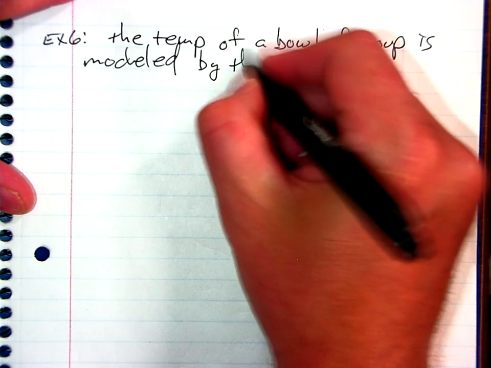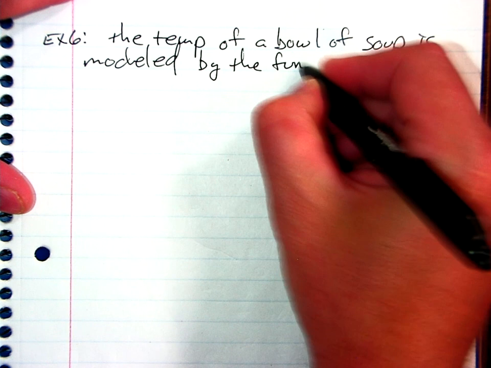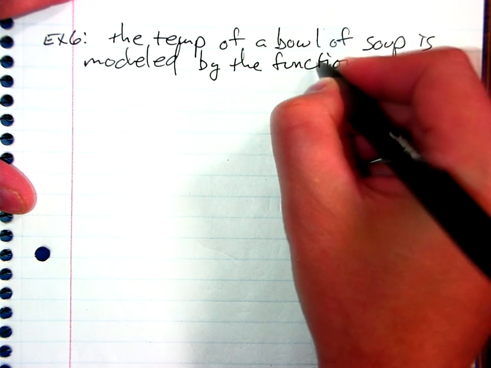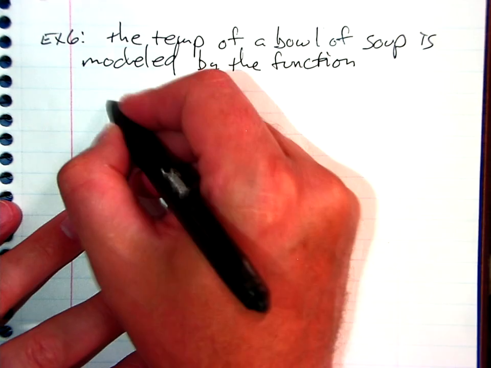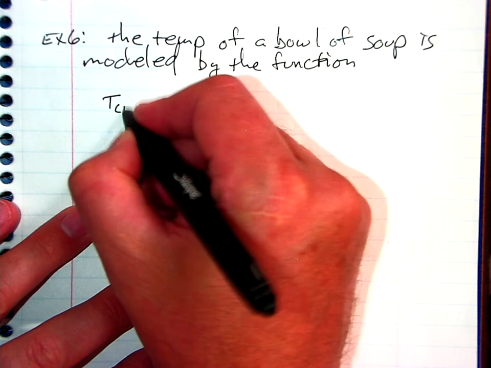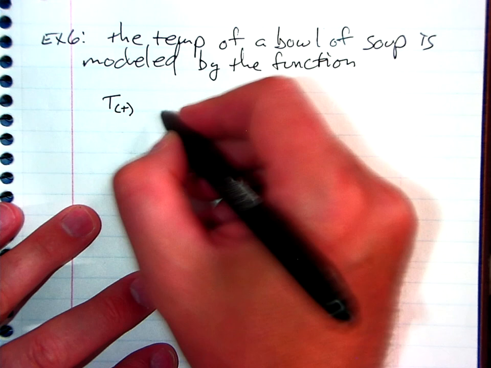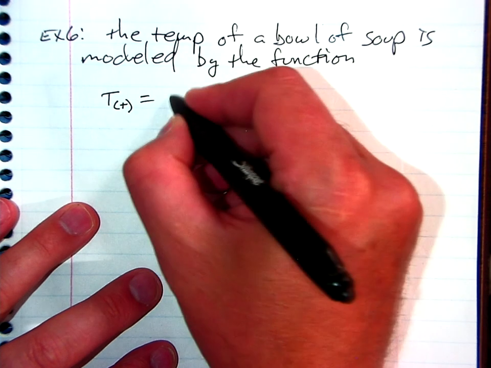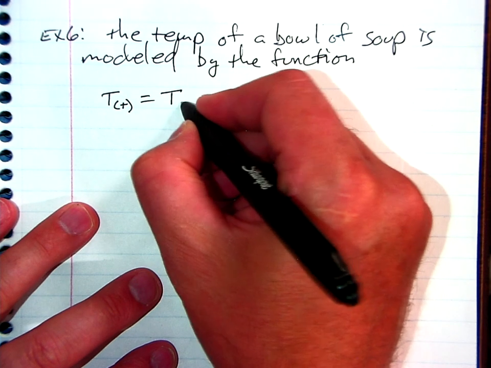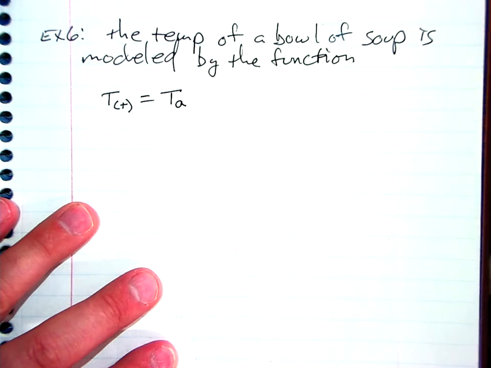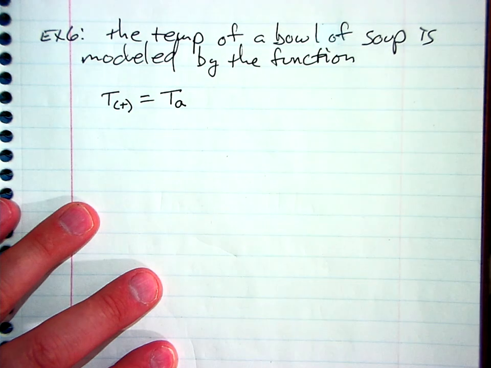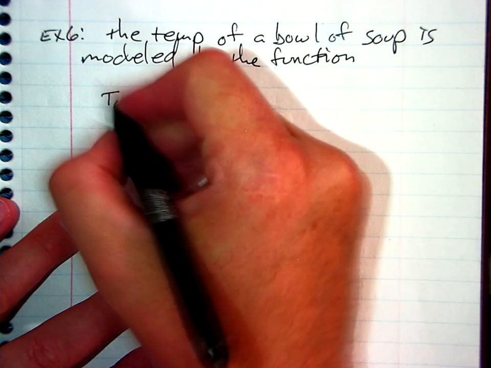By the function. Alright, this is temperature in terms of time. That's a capital T, lowercase t, and parentheses. Equals. I'll explain what this all means in a second. Yes. Not an O, a T. Carry on.